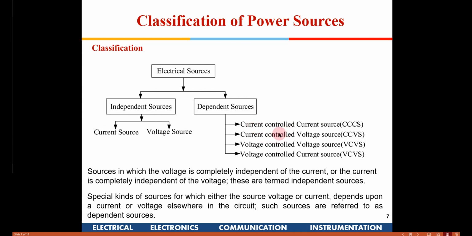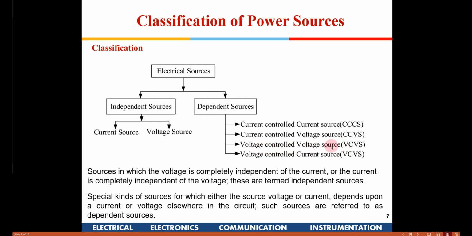Similarly, current controlled voltage source: this is a voltage source, but the output voltage depends on the current in some branch or some element of the circuit. These are not theoretical things, these are practically implementable. We'll see that in some of the examples.